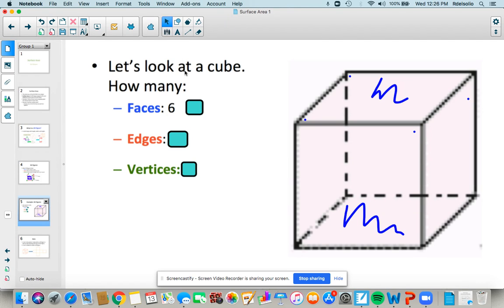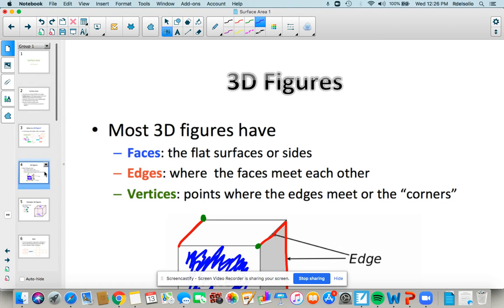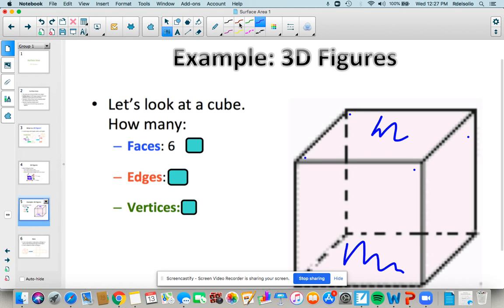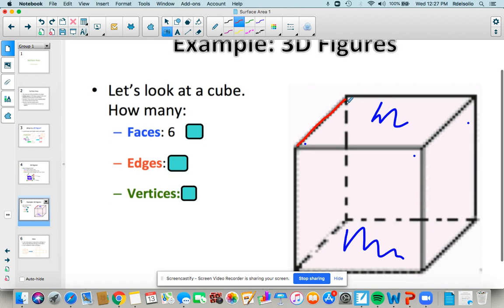Edges, we go back, edges are where the faces meet each other. So let's see how many edges this cube has. So we have an edge here, so that's 1, 2, 3, 4.